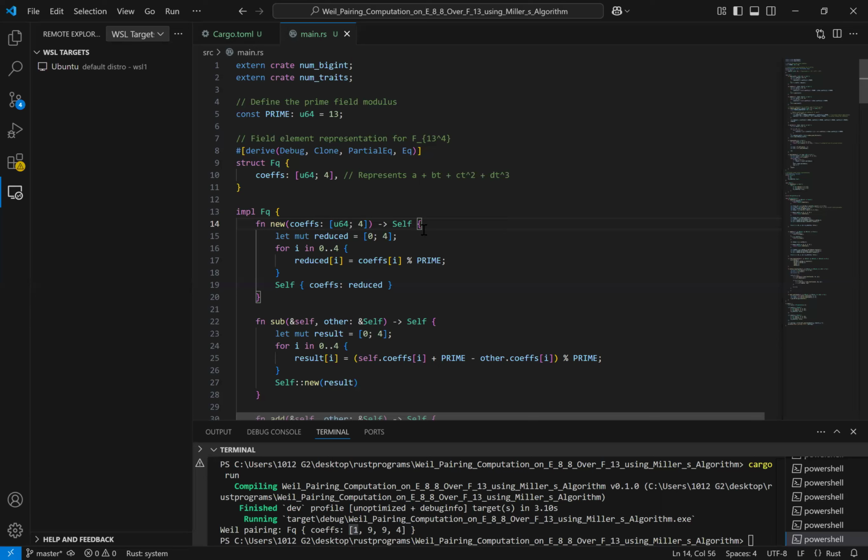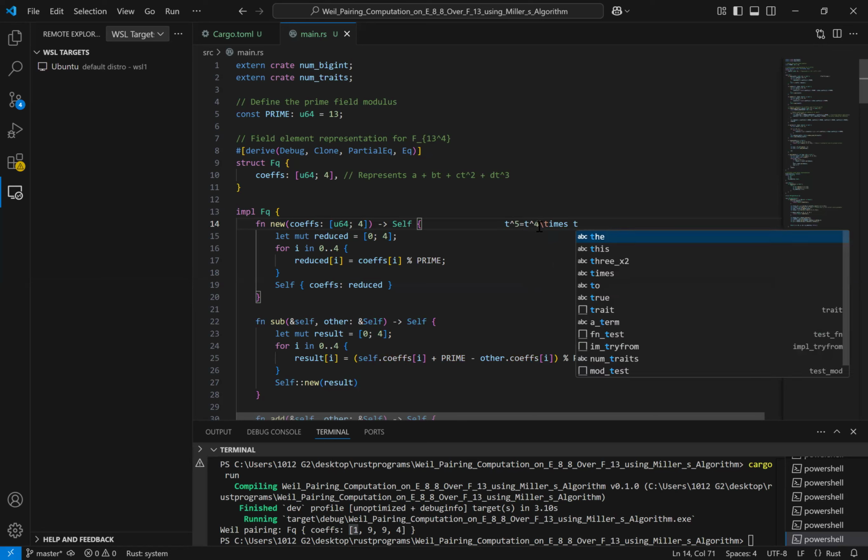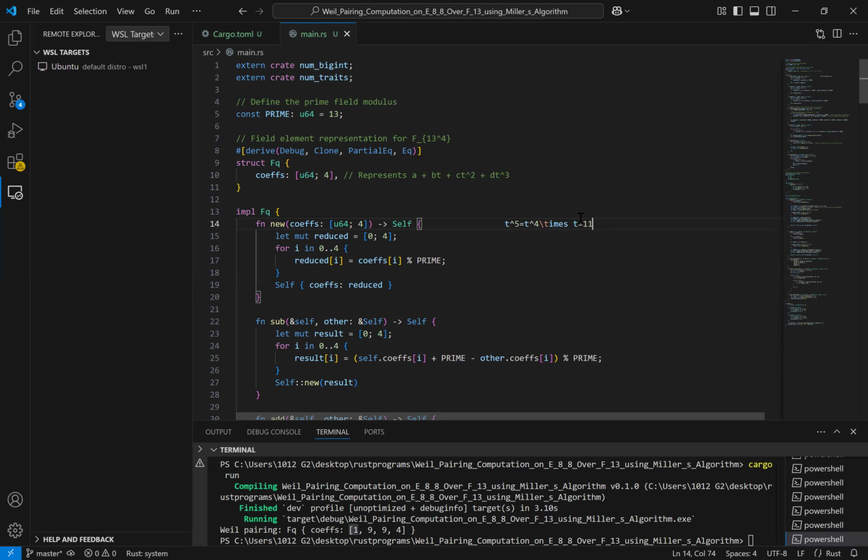T raised to 4 would be replaced by 11. So t raised to 5 would be written as t raised to 4 times t. But t raised to 4 is 11. So this becomes 11t.